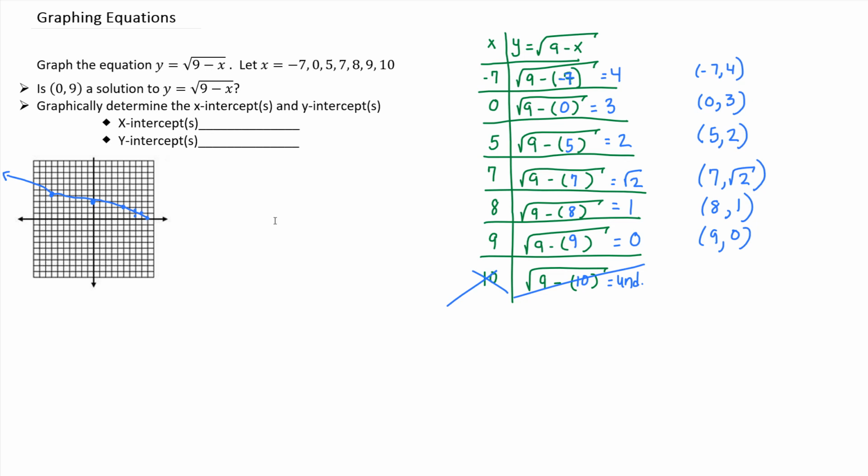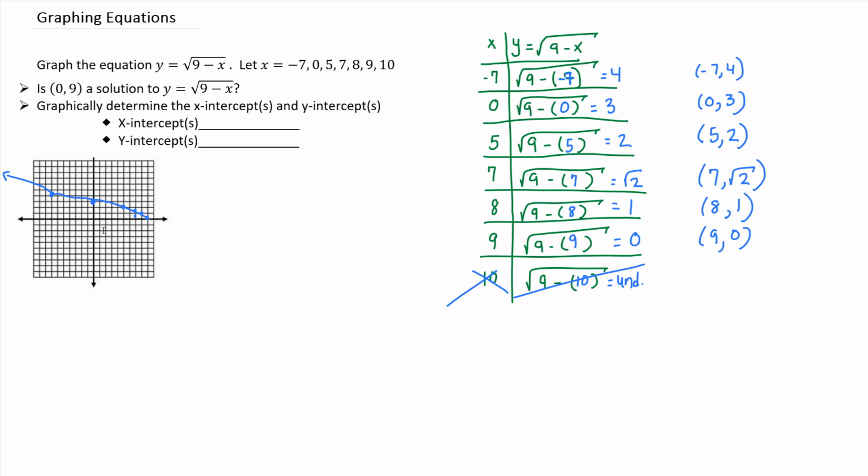Now I'm going to ask a couple of follow-up questions just to see if I have an idea of what's going on graphically and point-wise. The first is, is 0, 9 a solution to your graph y equals square root of 9 minus x? If you look at your graph, if it's a solution, it should fall on your graph.